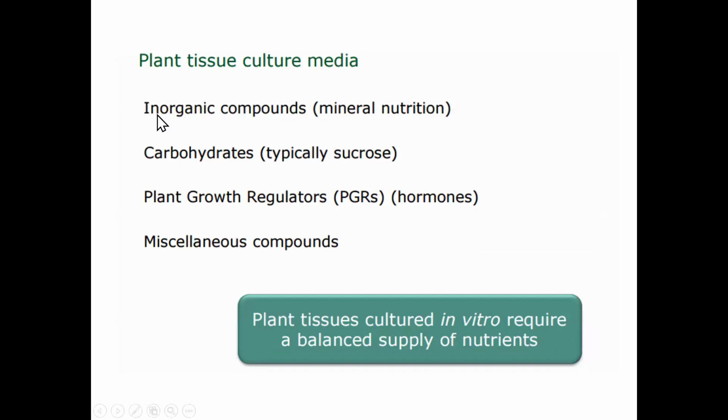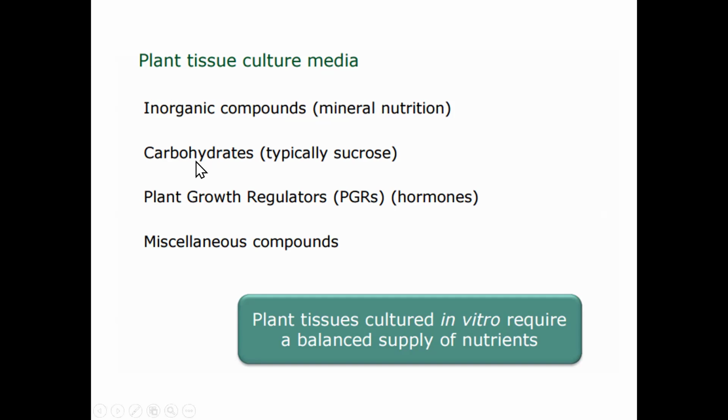Plant tissue culture medium contains inorganic compounds, mineral nutrition. A plant requires at least 16 essential nutrient elements: nitrogen, phosphorus, potassium, calcium, magnesium, like this, 16 or 17. So your medium must contain those inorganic compounds.